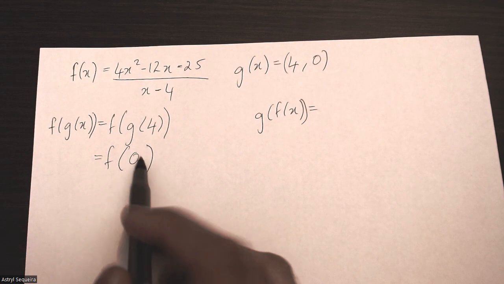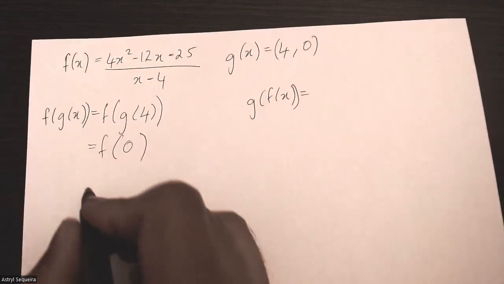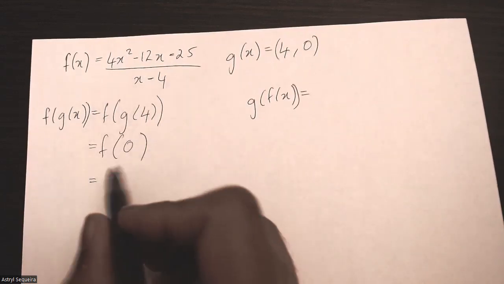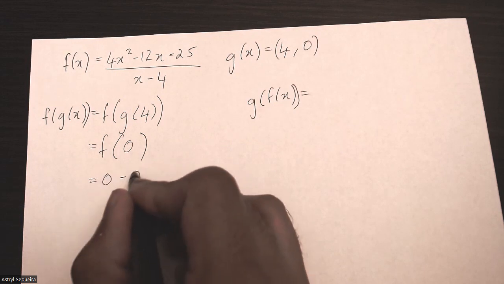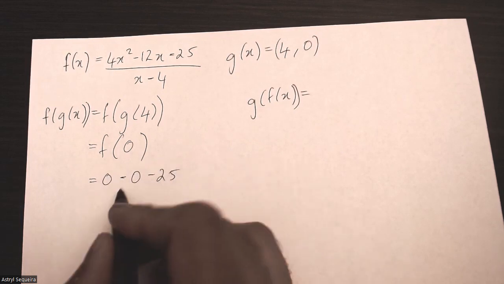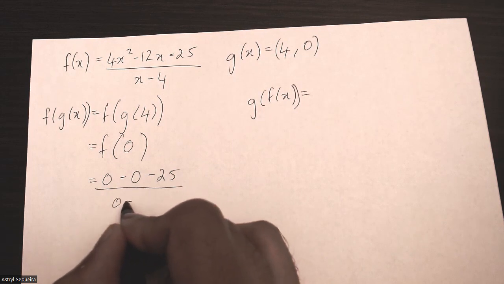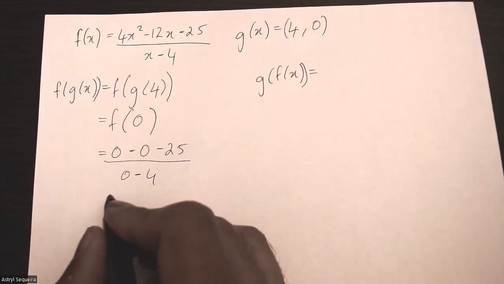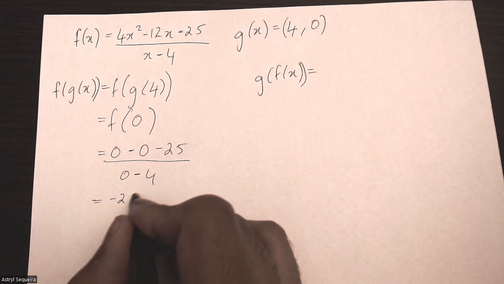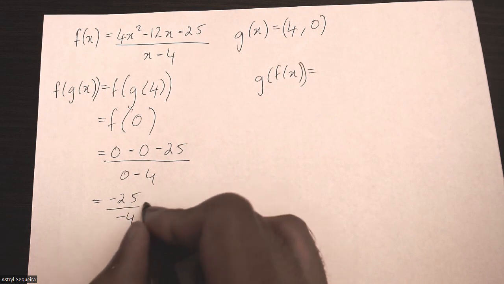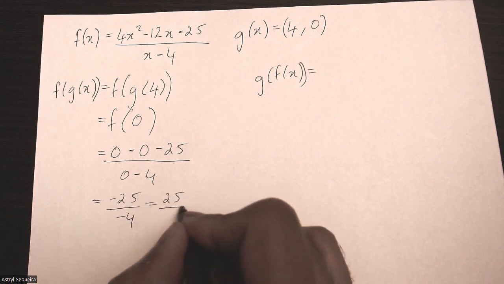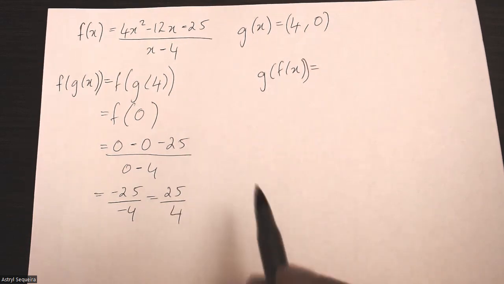And now I'm just finding f of 0, which is subbing 0 into this equation. So that's just 0 minus 0 minus 25 divided by 0 minus 4, which is negative 25 over negative 4, which is just 25 over 4.